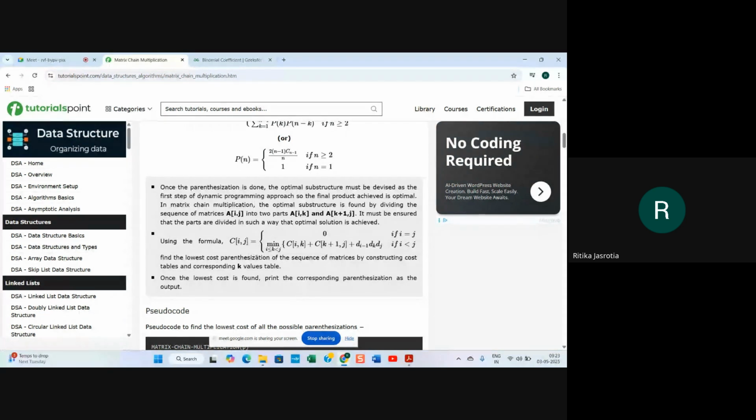Find the lowest cost parenthesization of the sequence of matrices by constructing cost tables and corresponding k values. So they are saying you will find the k values, and according to the lowest cost parenthesization sequence, you will construct the cost table. Once the lowest cost is found, print the corresponding parenthesization as the output.